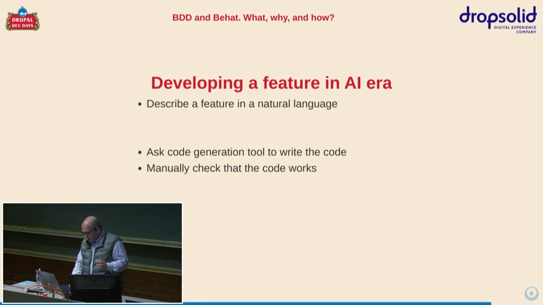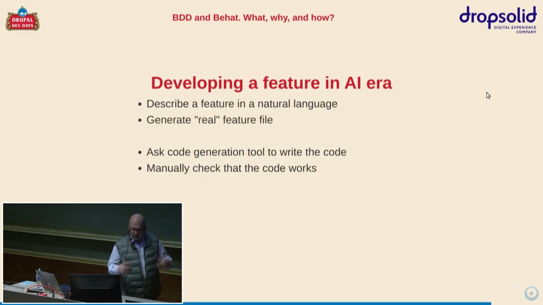But what if you change this flow slightly by adding a couple of steps? What if after you describe a feature in natural language, you generate a real feature file from it? So you know what the feature is. It can be a new feature.